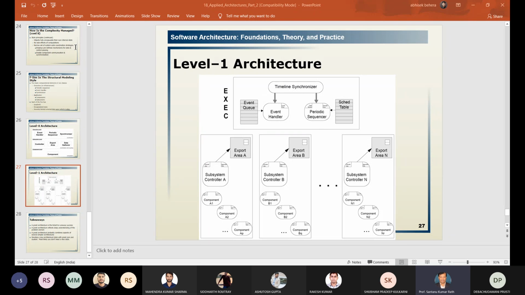So in the next level, you try to combine very simple architectures. So this is an applied architecture. Thereby we go to the next chapter.